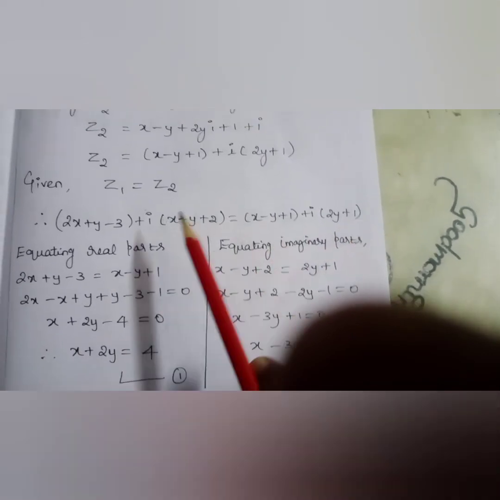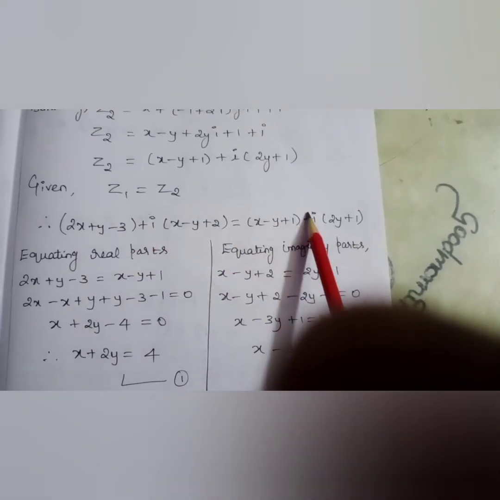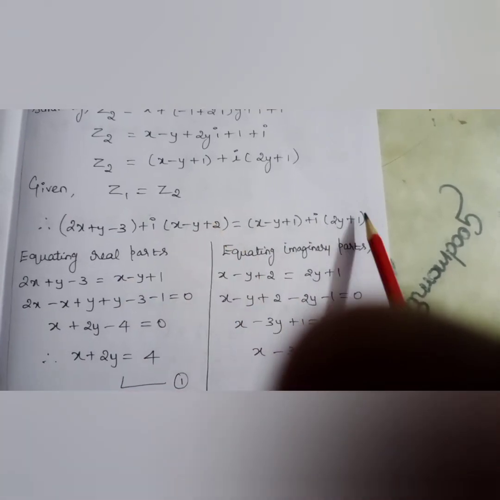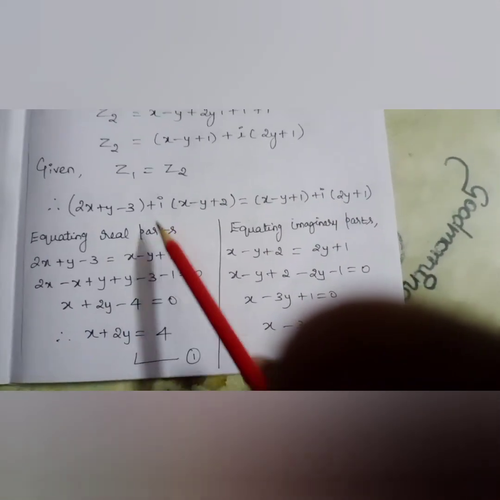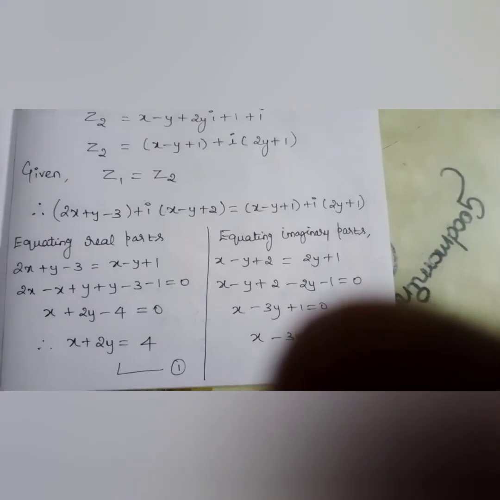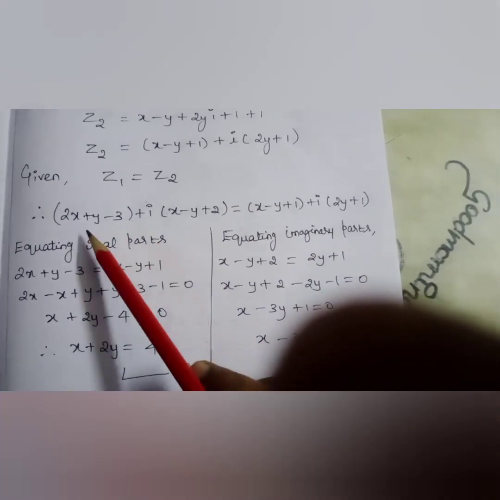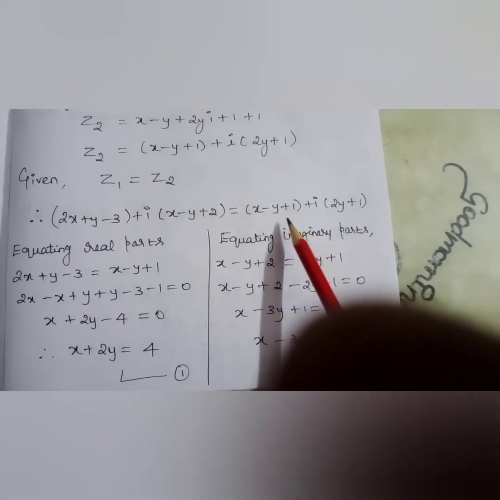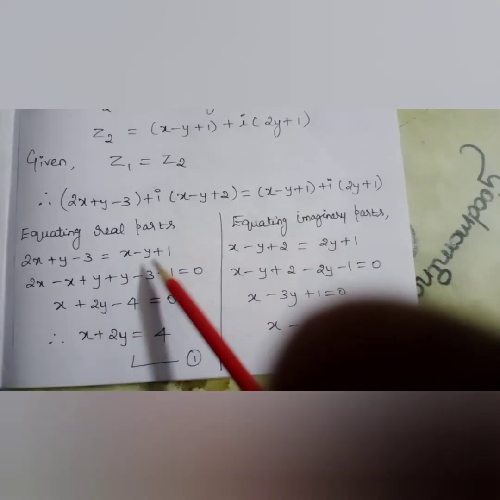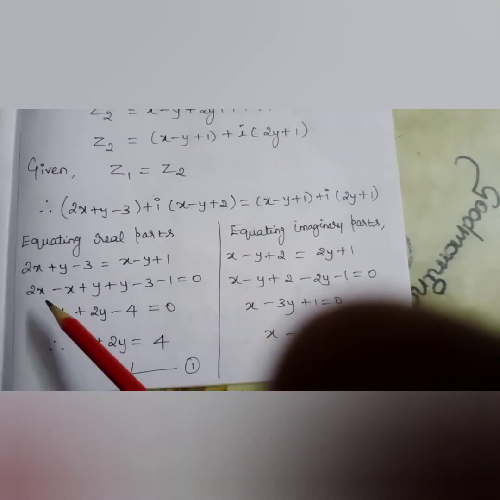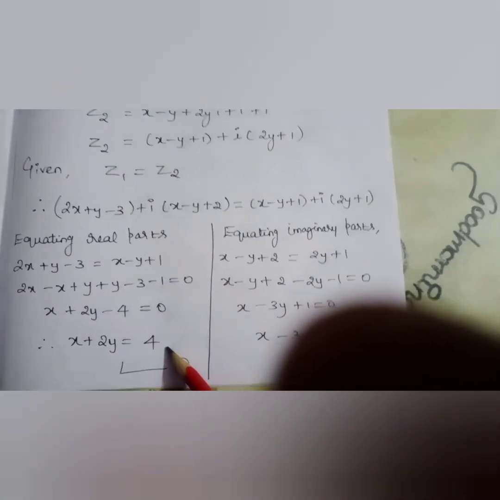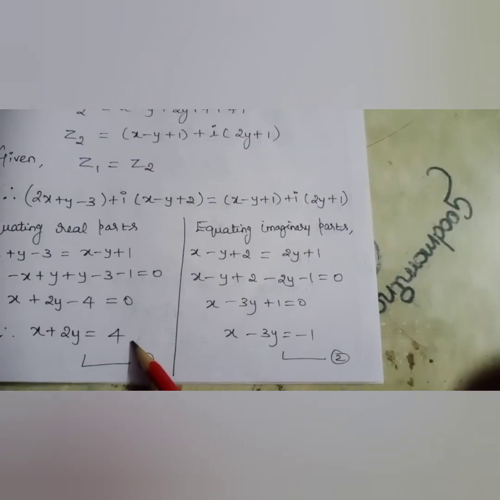If they are equal, it means the real part is equal to the other real part and the imaginary part is equal to the other imaginary part. So equating the real parts, equating the imaginary parts. Equating the real parts, that is 2x plus y minus 3 is equal to x minus y plus 1, and taking everything to one side, I am getting the equation to be x plus 2y is equal to 4.